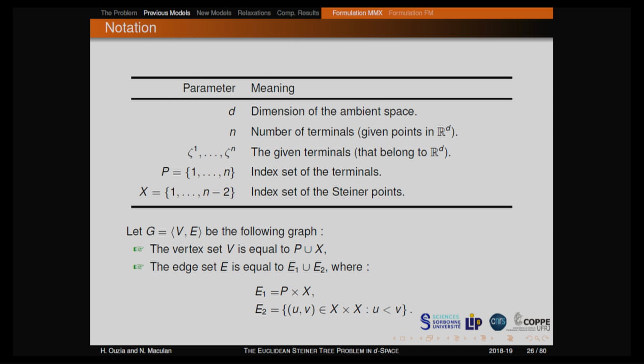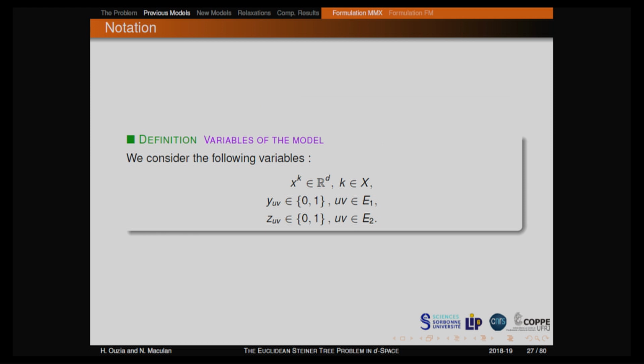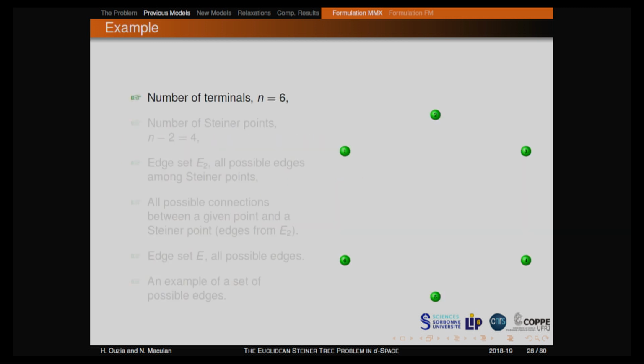It's much better to see how I construct it. We suppose xk is in the dimensions, k points is in the x, and y uv is 0, 1: y uv is 1 if uv is in the solution. Because we have two kinds of arcs or edges.